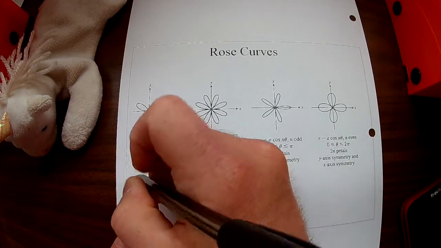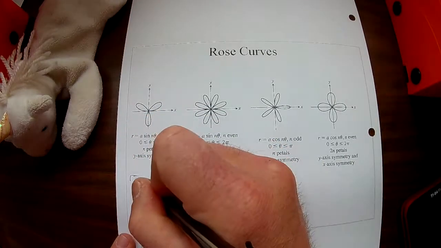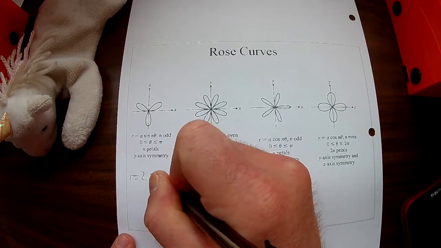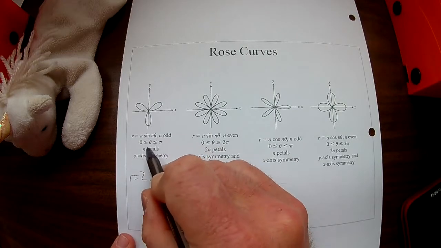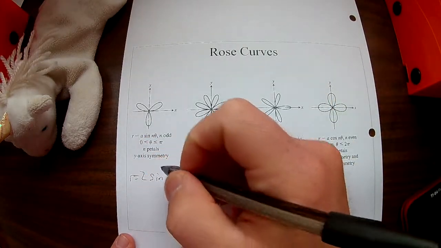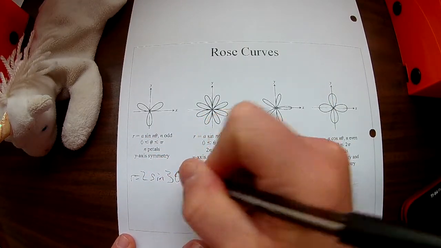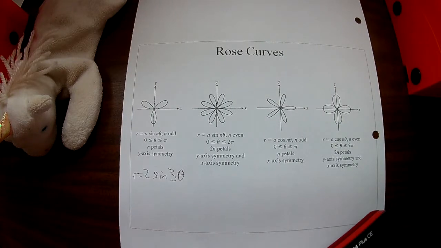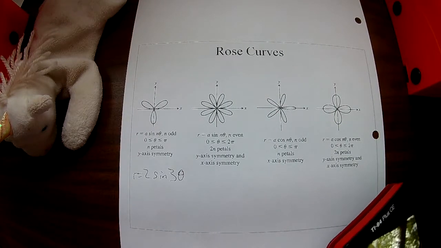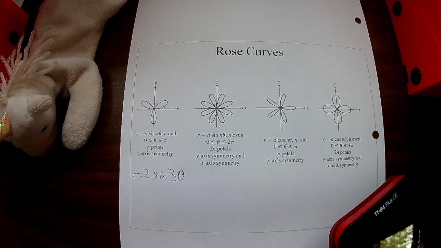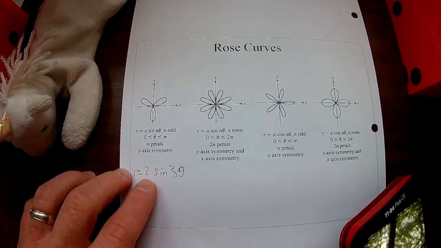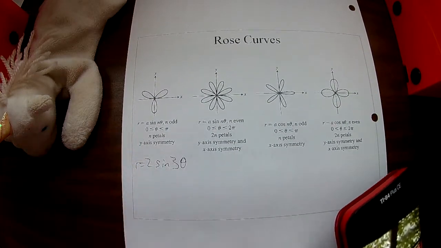So for example, let's say I have r equal to 2 sine of an odd number, 3 theta. That's going to be a 3-petaled rose curve with a maximal radius of 2, and it's going to straddle the y-axis.